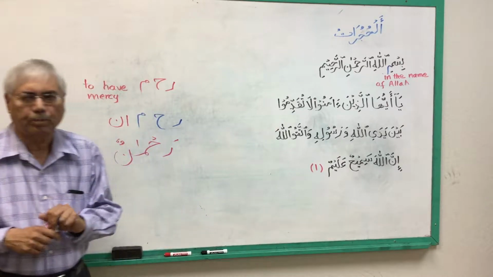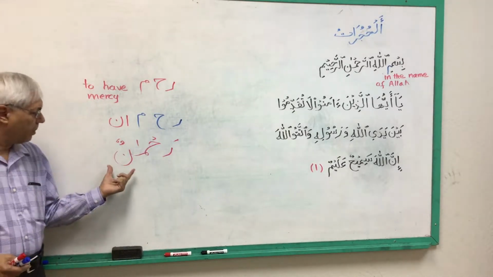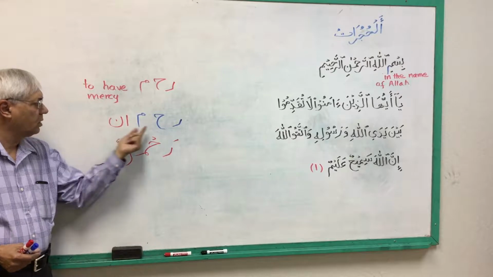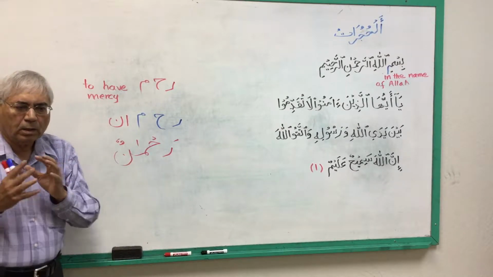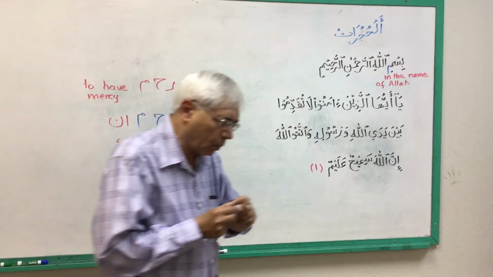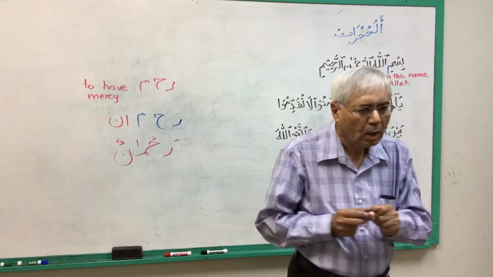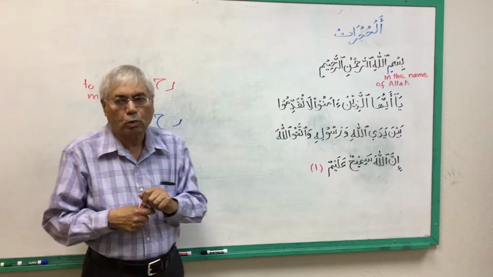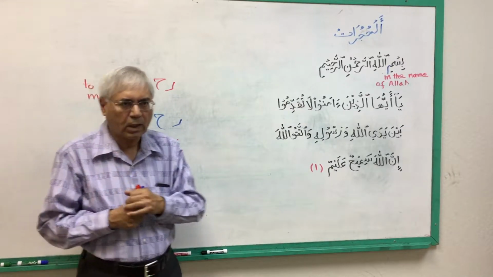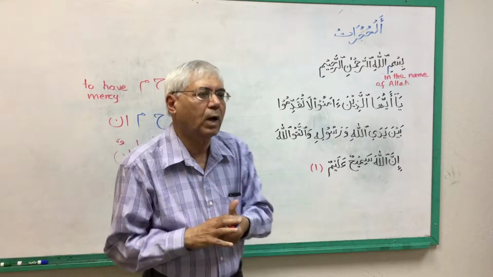Rahmanun. Okay. In Arabic, when we create words in this pattern, I'll give you an example. Think of the word, those who know, Tughyan. What is Tughyan? Or what is Tufan?